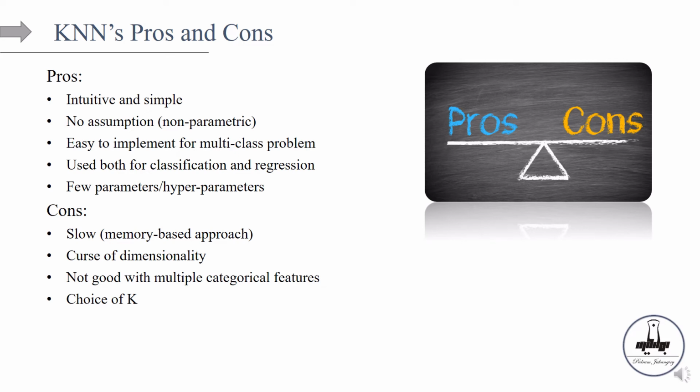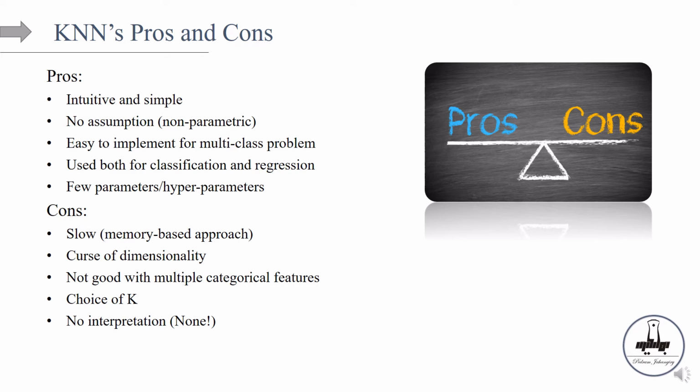Another disadvantage is the choice of K. We know that K must be pre-specified before starting to generate the outcomes. However, this is not necessarily a big deal because we can always use cross-validation and tune the hyperparameters. Finally, maybe this is a big deal when deciding whether or not to use the KNN model: because KNN is a non-parametric model, we absolutely cannot use it for interpretation.